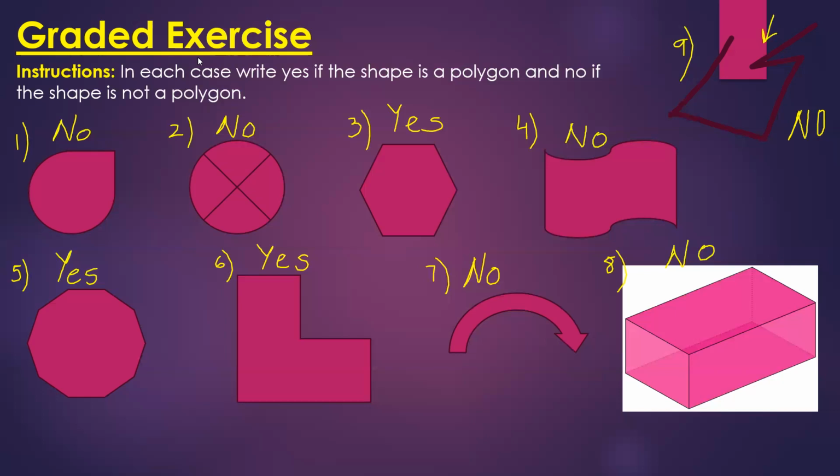Kamaya, why is number 6 a polygon? Because it has no curves.